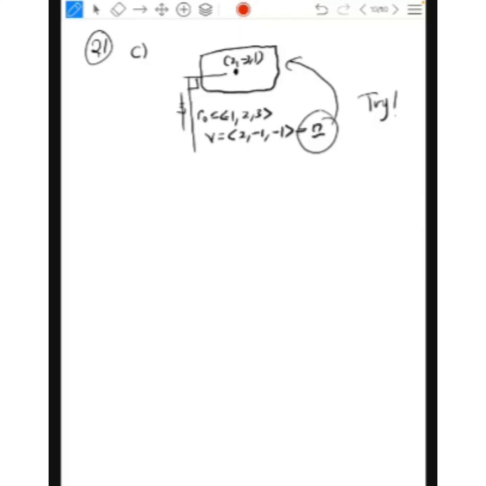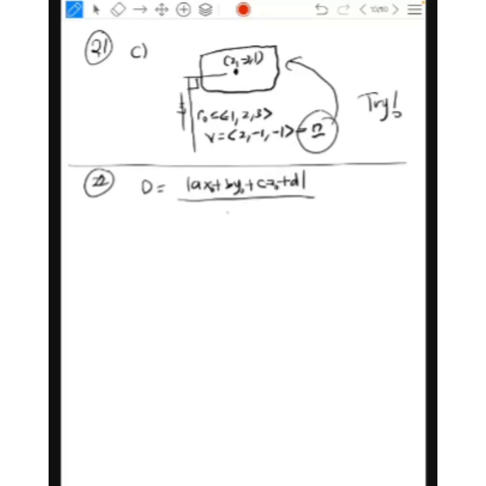Okay, 22. Find the distance between the point and the plane. For this one we will use a formula, and 23 also we will use a formula. So the formula that will be used is d equals to the absolute value of ax0 plus by0 plus cz0 minus d, over the square root of a squared plus b squared plus c squared.